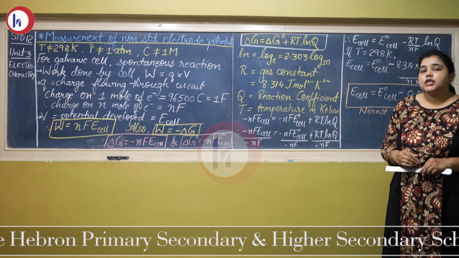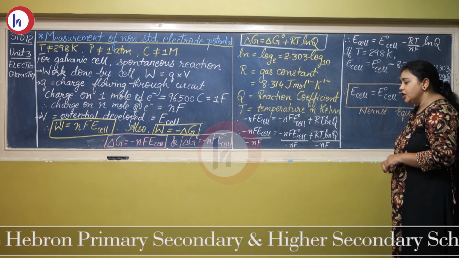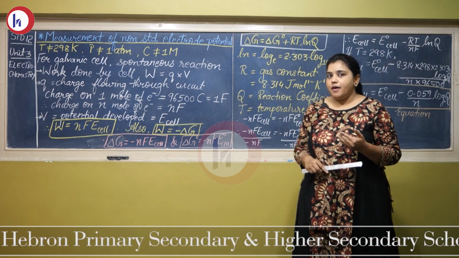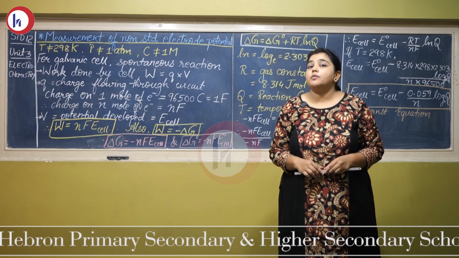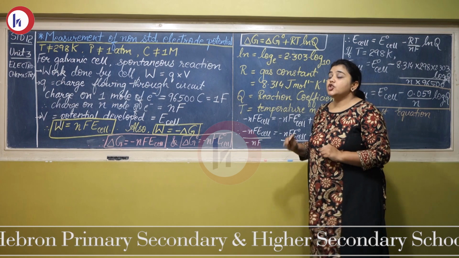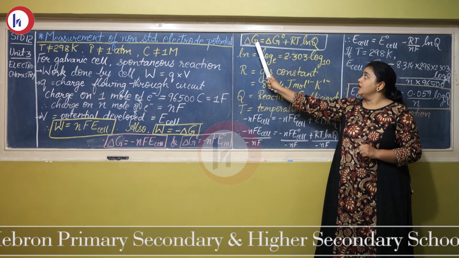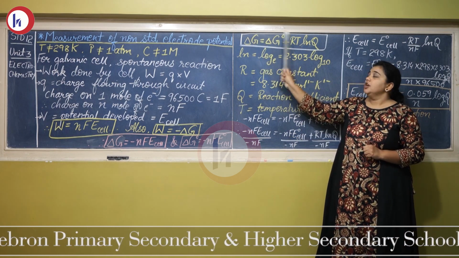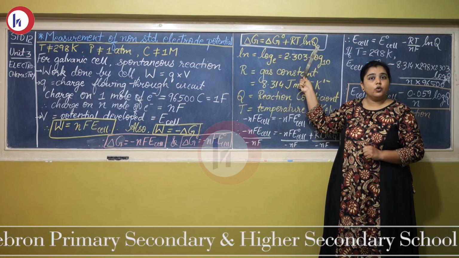But in terms of non-standard cell potential, students, we need to remember a formula from the thermodynamics chapter of standard 11th, which shows the relation between change in Gibbs free energy and the reaction quotient.